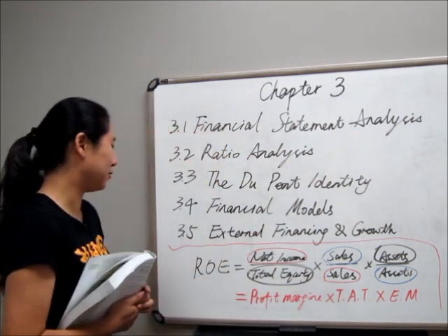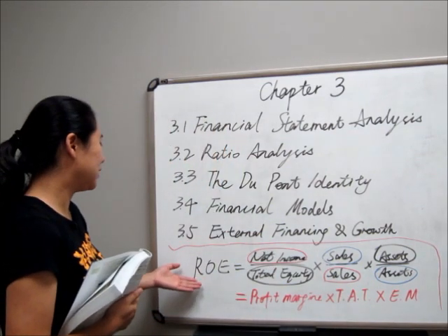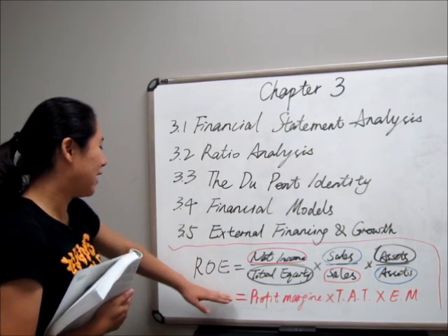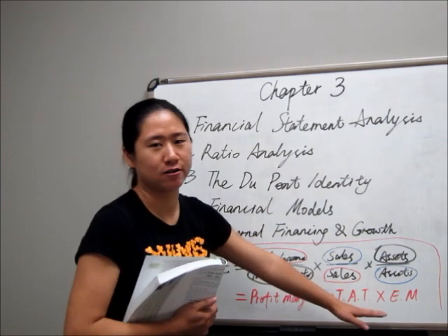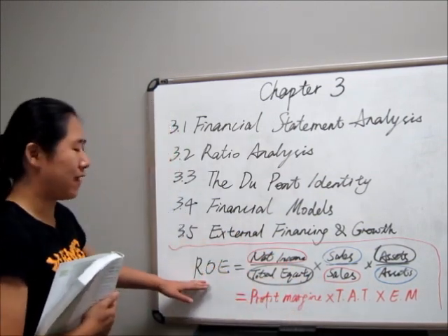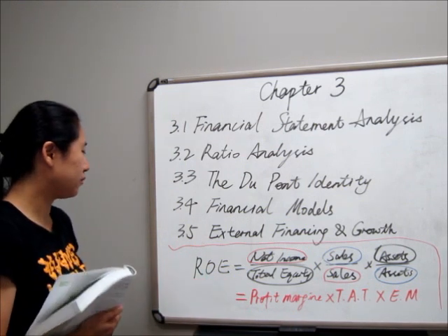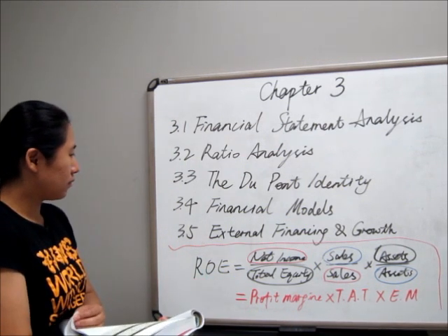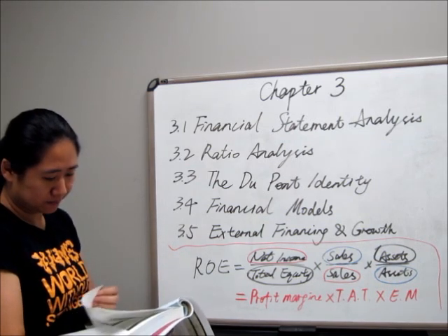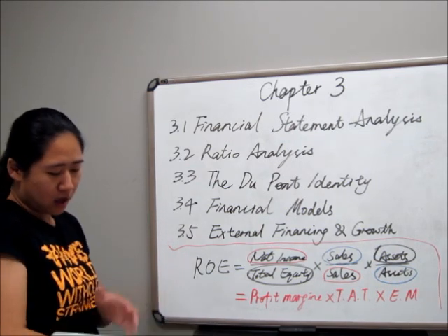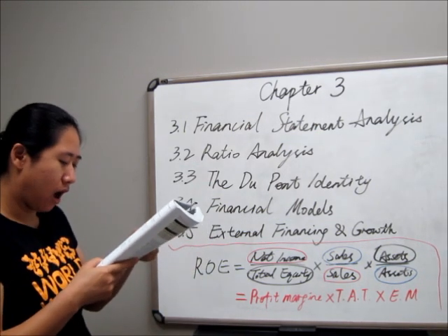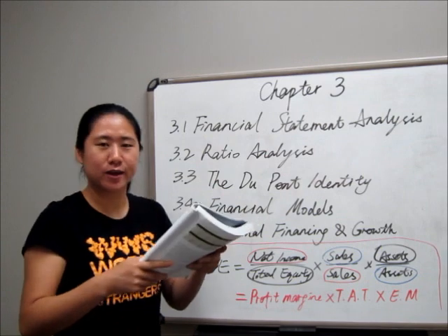So it's easy to see that the return on equity is not only net income divided by total equity. Actually, it's composed of 3 factors. If these 3 factors increase, then the return on equity will increase. So from the DuPont identity, we can tell that ROE is affected by 3 things.